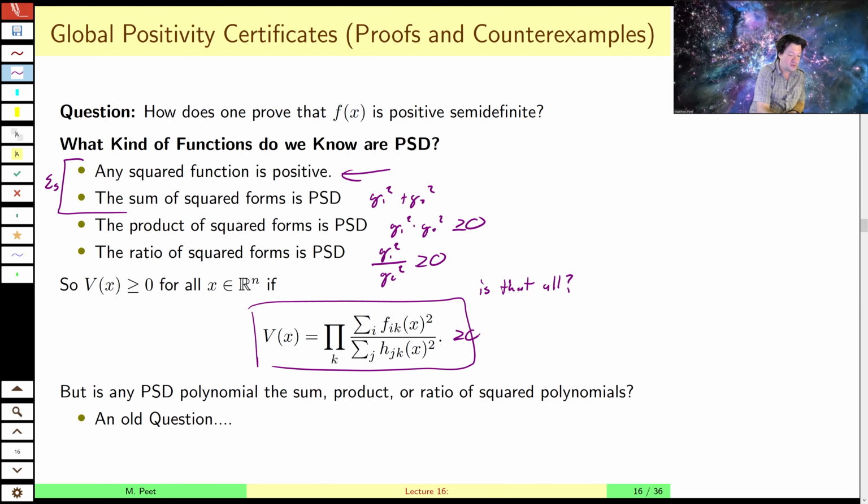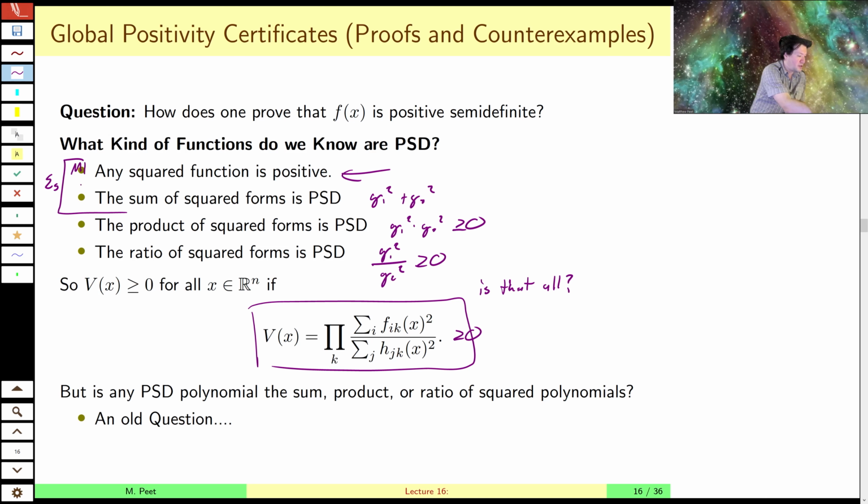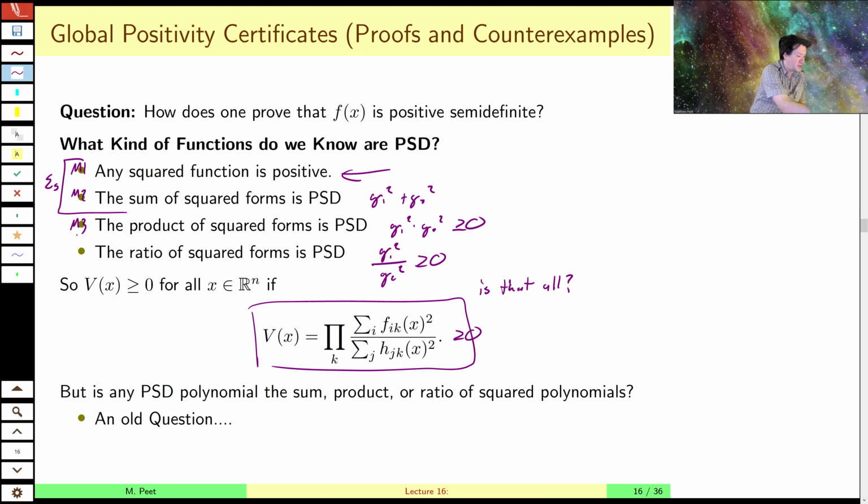And of course, sums of squares are positive. Divide positive by a positive, it's positive. Multiply positive by a positive, it's positive. So this combines all 4 of these methods, M1, M2, M3, and M4.